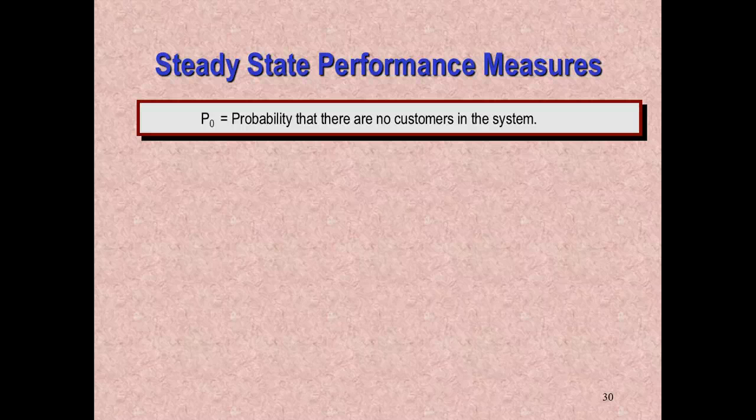So this is the service people. The people in the system include all 6 of these people. The system includes people waiting in line and people being served, okay? The system includes these 2 that are being served and these 4 waiting in line. Both of these are the system.